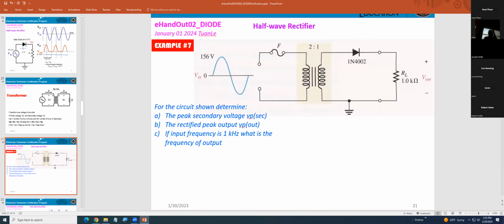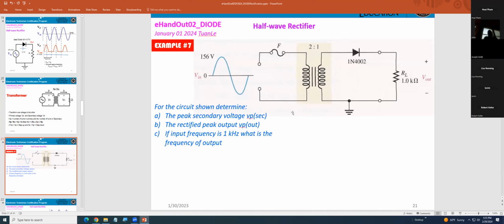On this one, you get the same sine wave. However, they're using the transformer. Primary turns NP equal 2, NS equal 1.